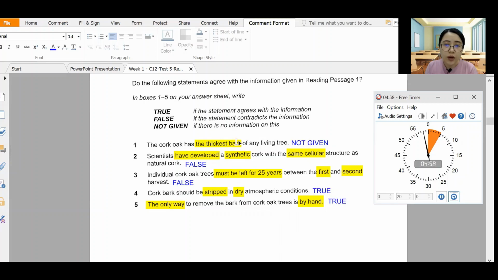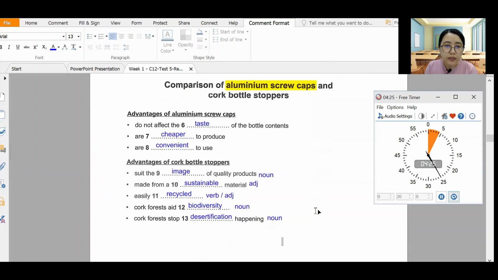For example, number 1, the keyword is work. And then also scientists relating to technology, for example, cellular structure. These are the keywords. And the first and second harvest are keywords. I quickly find the keywords in the text, and just read carefully the lines in the text to check if it is right or wrong.